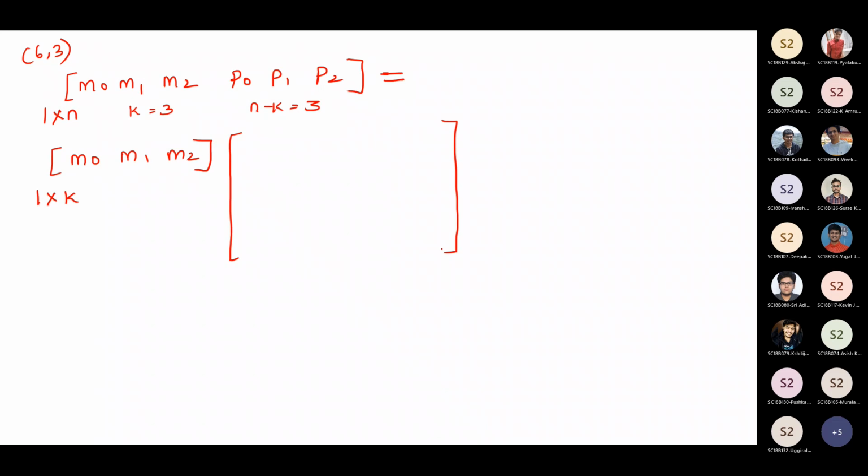multiplied with some matrix. This matrix we are calling as a G matrix, that is generator matrix. So message word will be multiplied by the generator matrix in order to get this code word. So how to generate this one? M0. If you want to get M0, this row will be multiplied with the first column of the G matrix. So first column of the G matrix, if I multiply with this one, I should get this value M0.